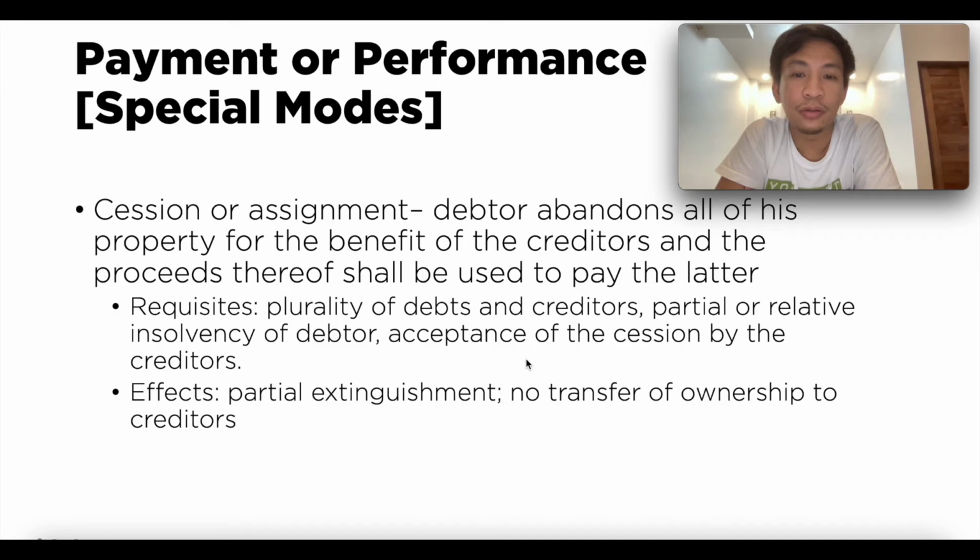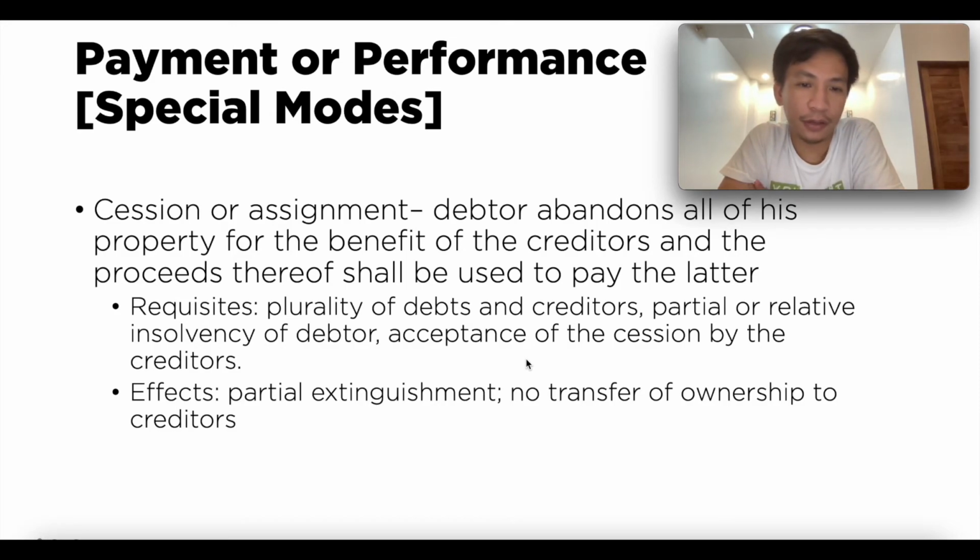And pangatlo, there must be an acceptance of the cession by the creditors. Kailangan nag-agree yung mga creditors na sige, kunin na natin yung mga properties niya, benta na natin. Para yung proceeds ng kung magkano man ang makukuha nila doon, paghati-hatian nila as creditors.